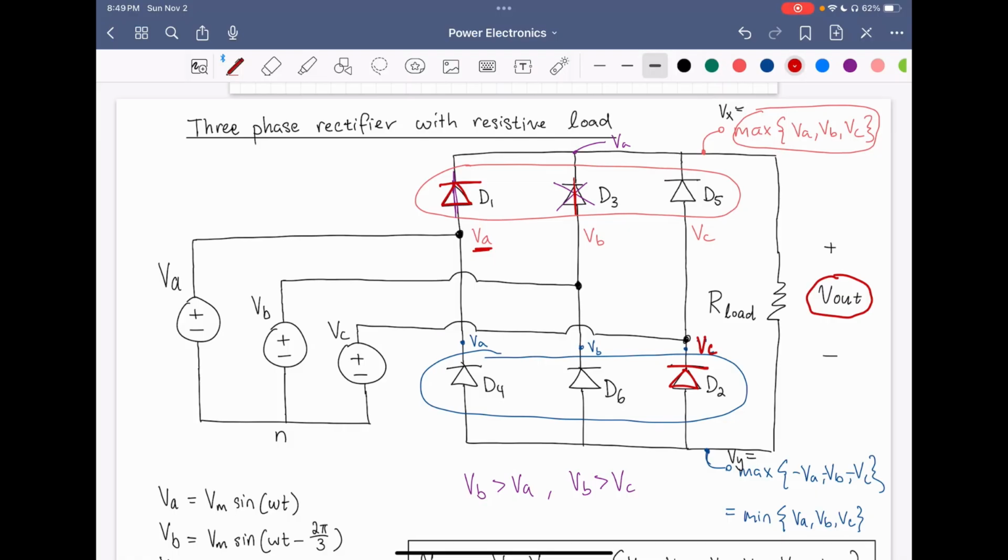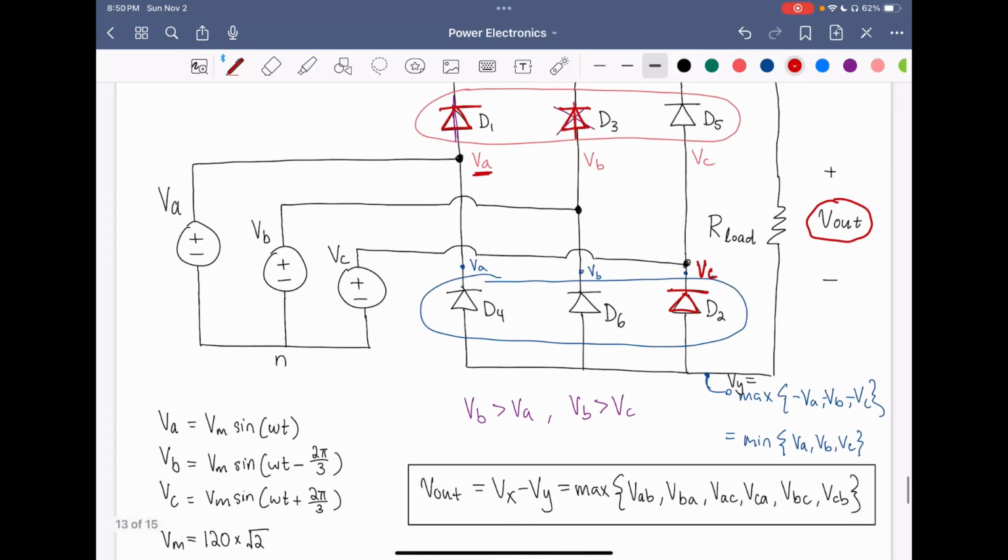But diode D2 will conduct when VC is the minimum of VA, VB, and VC. Diode D3 is going to conduct when we have VB as the maximum of the three. Likewise, D5 will conduct when VC is the maximum. D6 will conduct when VB is the minimum of the three, and likewise, D4 will conduct when VA is at a minimum.